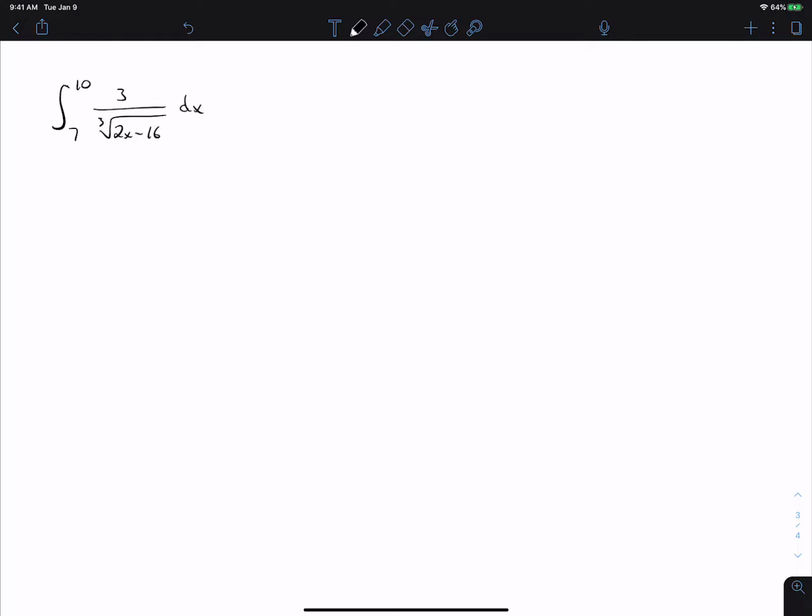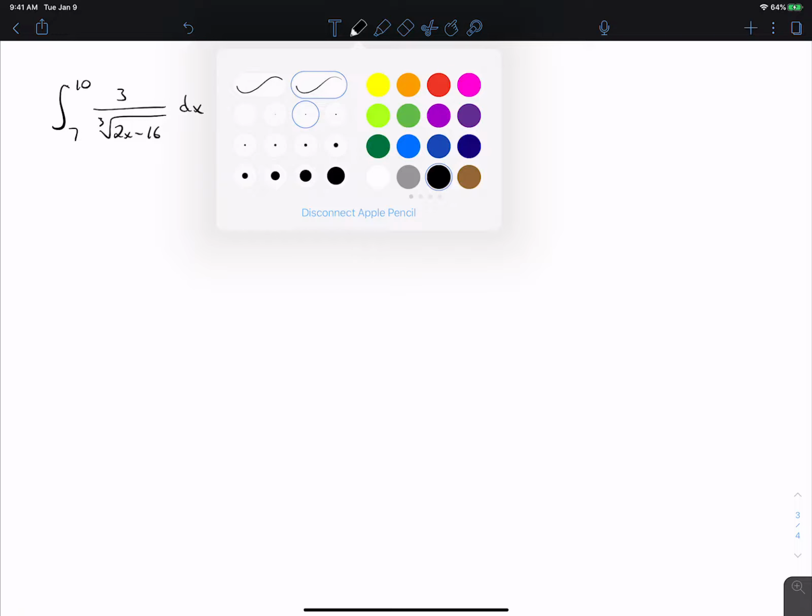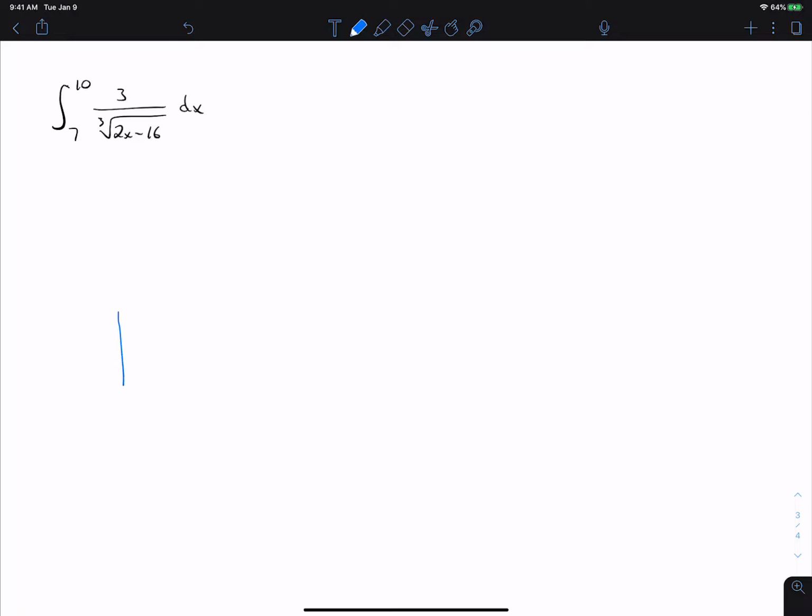Now that's continuous everywhere except 8, but 8 is in between 7 and 10. And so if we look at a graph, 3 over the cube root of x looks about like this, except there's an asymptote at 8.